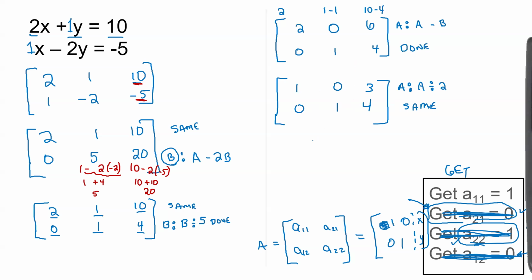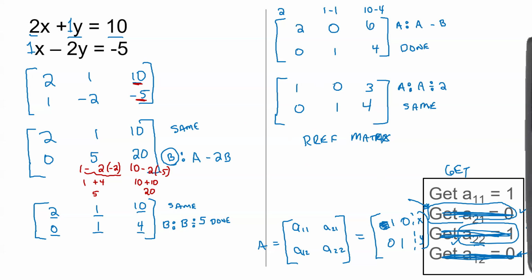We have this down. This is the RREF, reduced row echelon form version of the matrix. We took the original matrix and transformed it into the reduced row echelon form, and that hands us our answers.